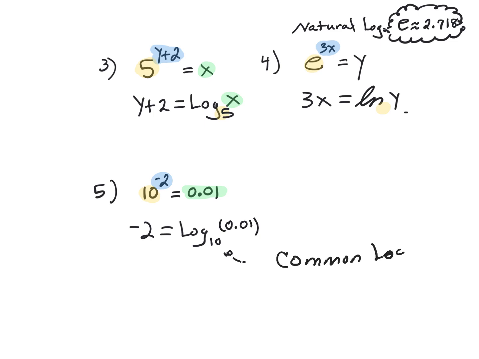And base 10 logs are used a lot as well. So we all agree in the mathematical community that if there is no base, it's assumed it's a 10, and that is a common log. So if you don't see a base, it's a common log, and that means it's base 10. So we would read this as negative 2 equals the common log of 0.01.